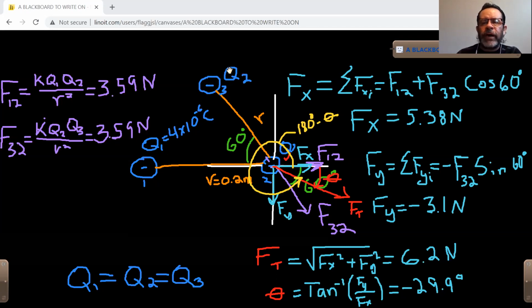I'm going to give you 5 minutes to do in your notebooks or whatever, just the free body diagrams in Q1 and Q3. So one is the free body diagram in Q1 and the other is the free body diagram in Q3. I want to see if you guys are understanding how to do those. And then we're going to come back and do them here. So just do the free body diagram and identify the forces, okay? 5 minutes.